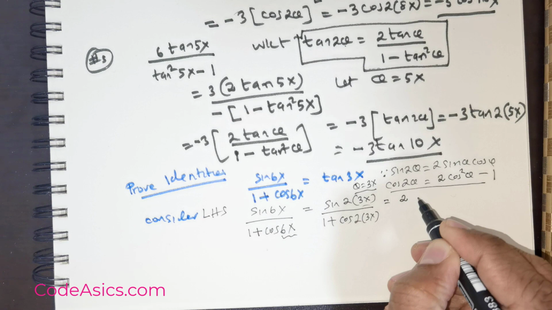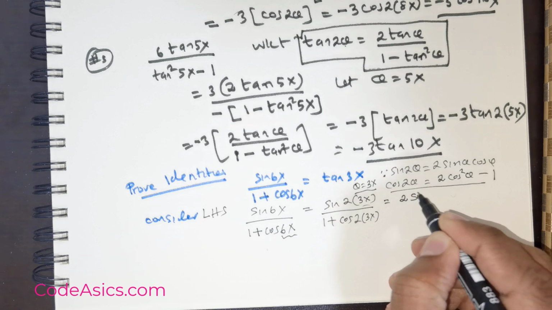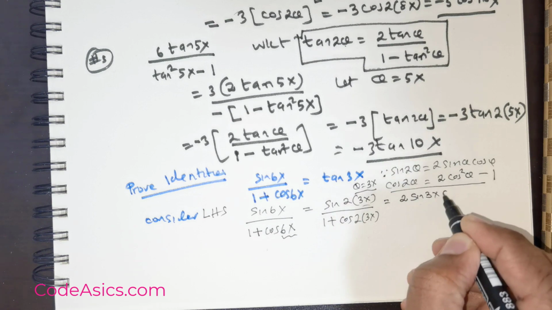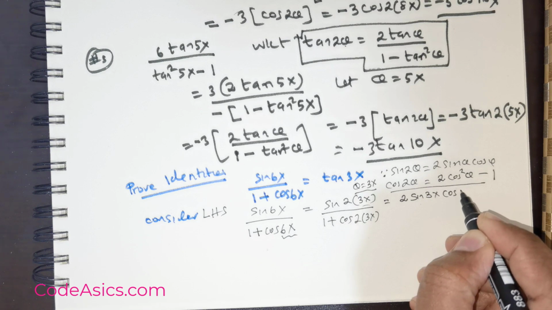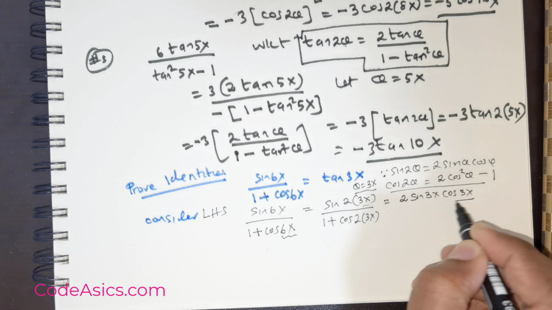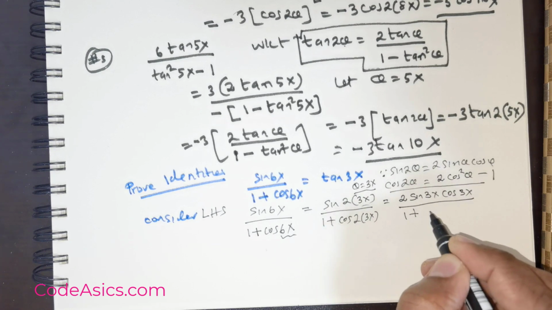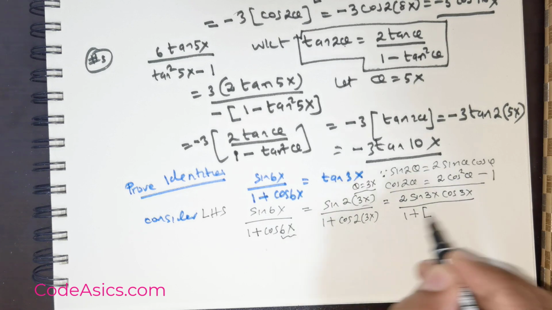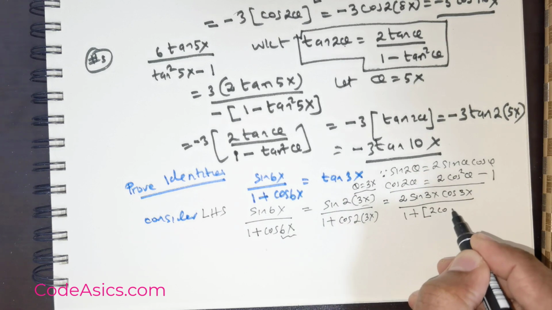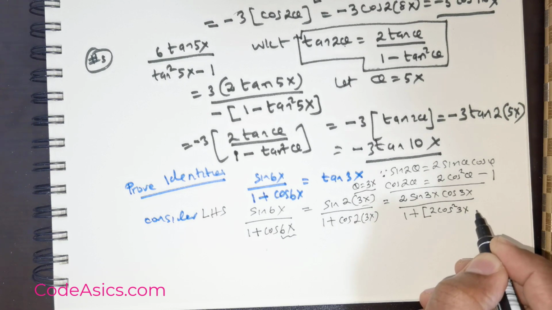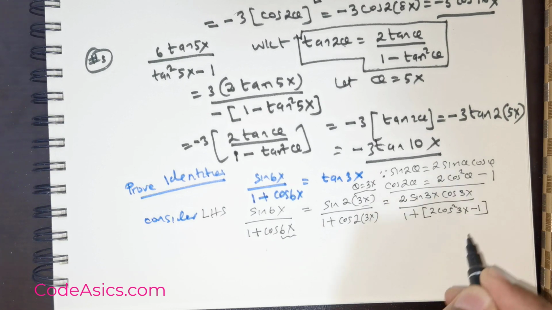So this is going to be 2 times sine theta, so sine 3x, times cos theta, so cos 3x, divided by 1 plus cos 2 theta, which is 2 times cos squared 3x minus 1.